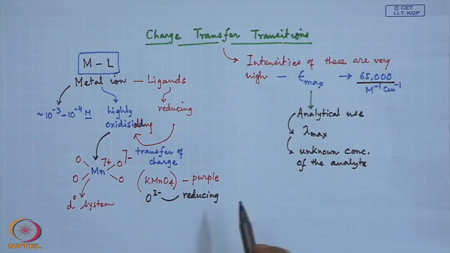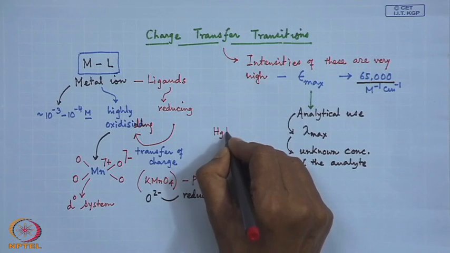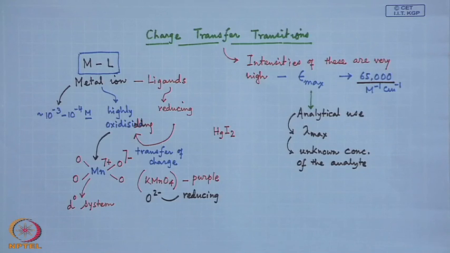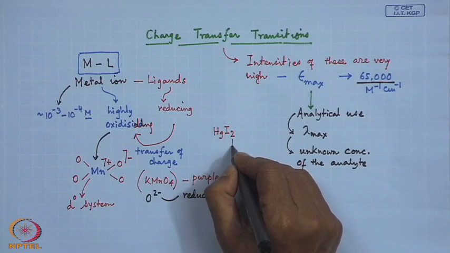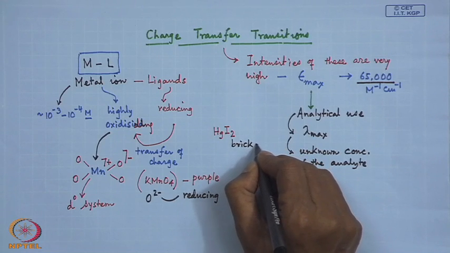As a result, we get the charge transfer transition in the purple region. Similarly, mercuric iodide can also be another example of this type of compound, which shows a charge transfer transition that is brick red in color.